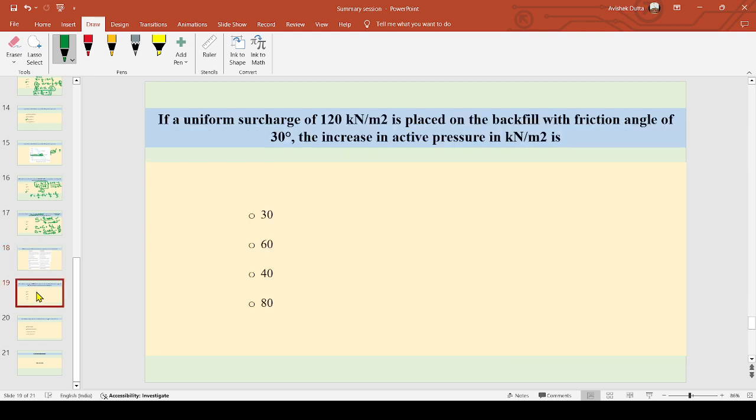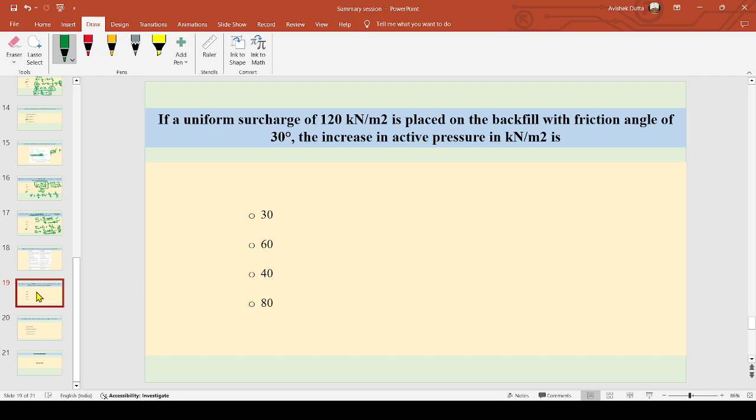This is a question from the earth pressure theory chapter. If a uniform surcharge of 120 kilonewton per meter square is placed on the backfill with friction angle of 30 degree, the increase in active pressure in kilonewton per meter square is.